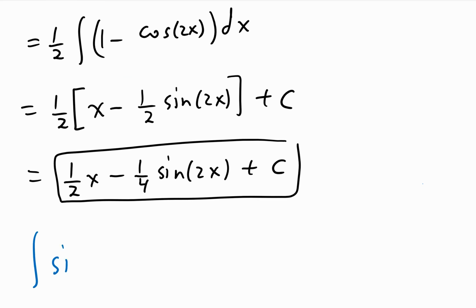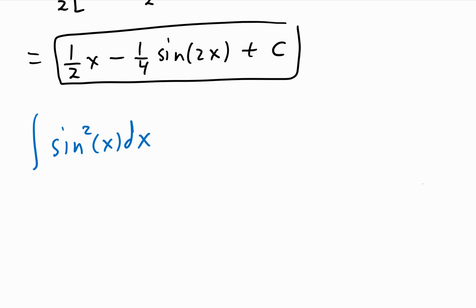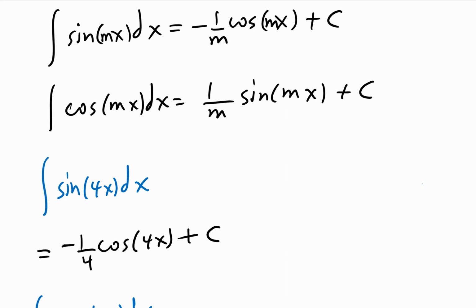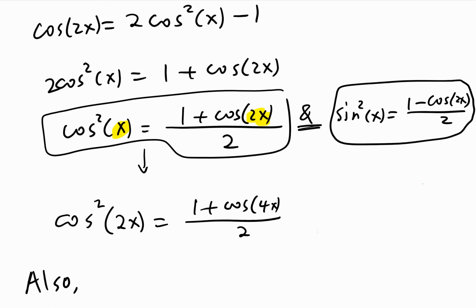Now we look at integrating sine square x dx. What makes the sine square difficult is having the square on the top. So what we need to do here is reduce the exponent from a second degree down to a first degree exponent. That's why we came up with these formulas and boxed them, because we're going to go back and use them, like this one.